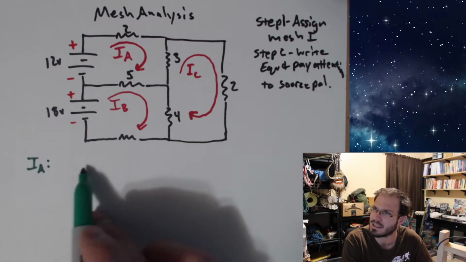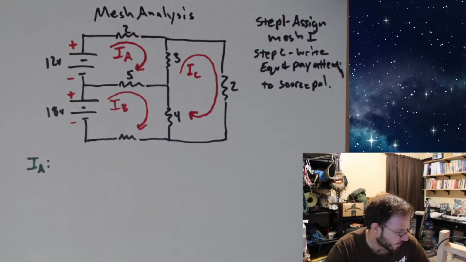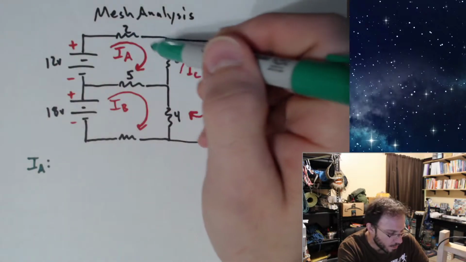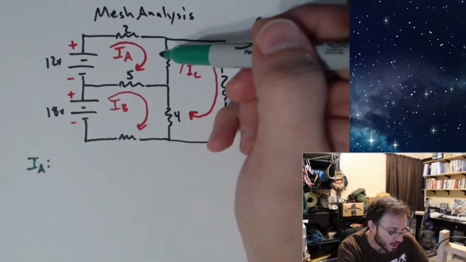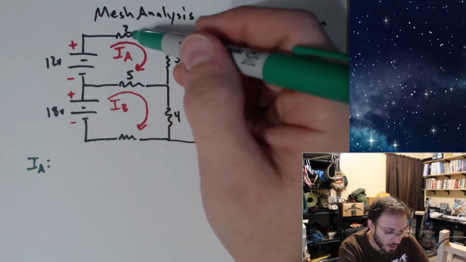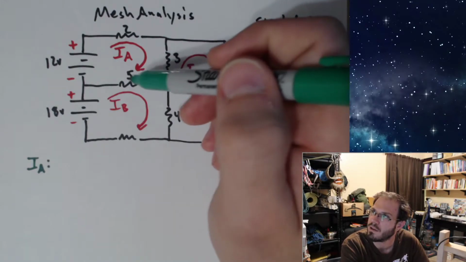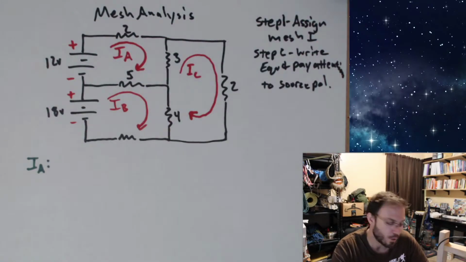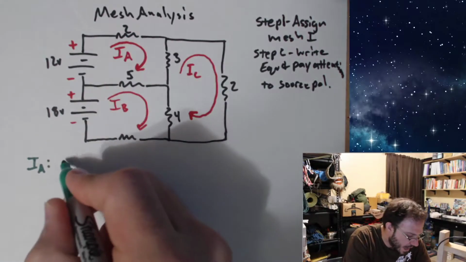I'm just using this to designate that this equation refers to our first mesh current. Okay. And now I will pick a point and I will follow the mesh current around and I will write out a KVL expression. So I'll invoke Ohm's law in order to give me the voltage drop of each one of these components. We have 4 components in here. So I'll start with the first one, 2 times IA.